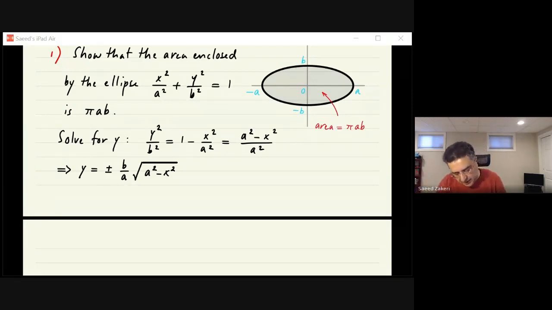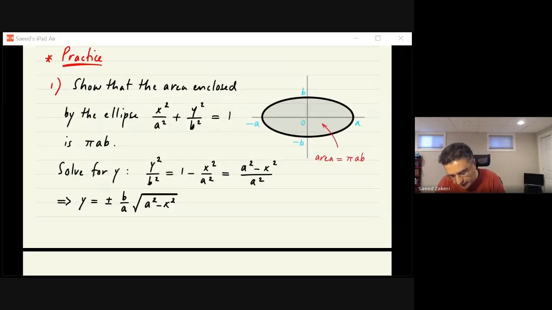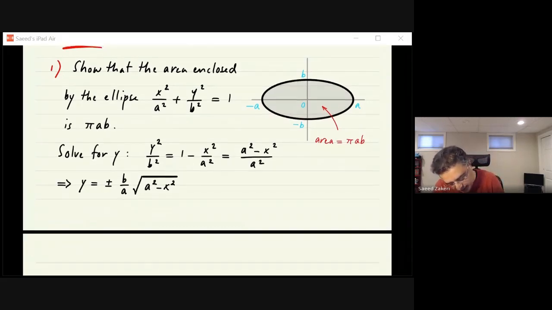And that's an indication that if I take the plus sign, that's going to give me the graph. The graph of the plus sign will be the upper ellipse, and if I take the negative sign, that's going to describe the lower semi-ellipse, just like the case of the circle. Since I'm interested in the upper one, I take the plus sign.